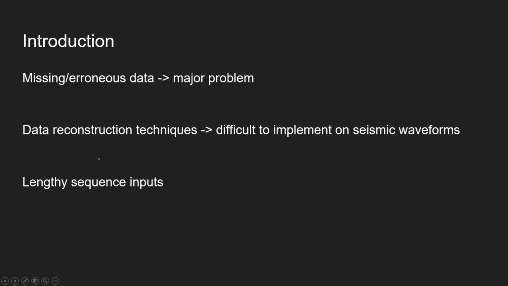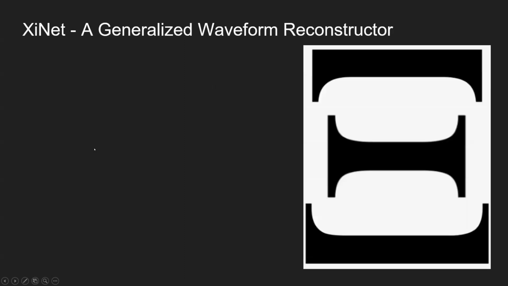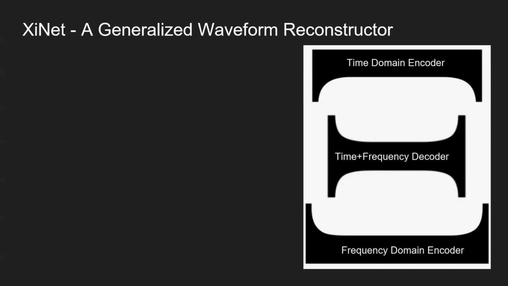So keeping that in mind, here we present a model which is purely based on transformer, and it consists of three parts. The first is a time domain encoder, and the second is a frequency domain encoder, and it also consists of a time plus frequency decoder.